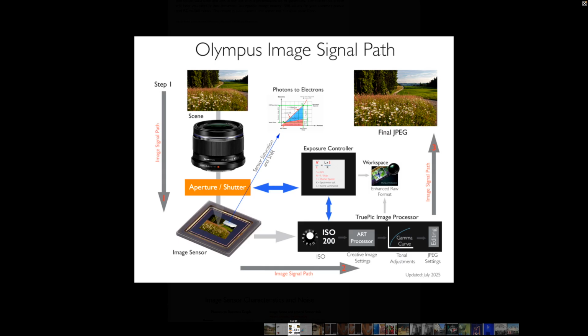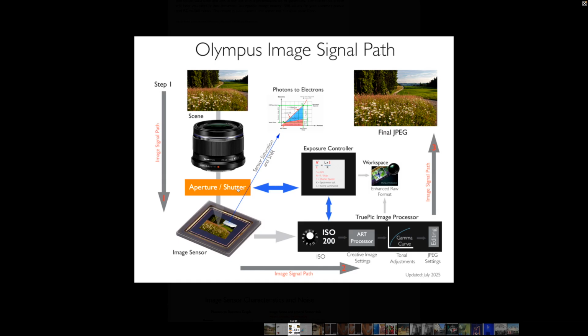What we also see here is the exposure controller, and all I want to do here is show the link between the ISO, the exposure controller, and what's happening on my final image, or the brightness of the image, because the ISO is basically doing brightness.